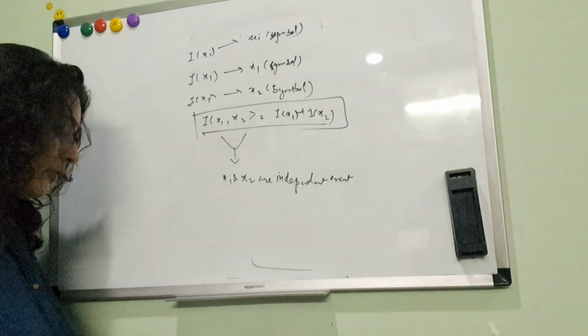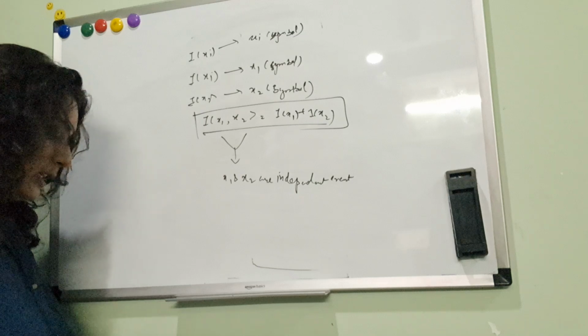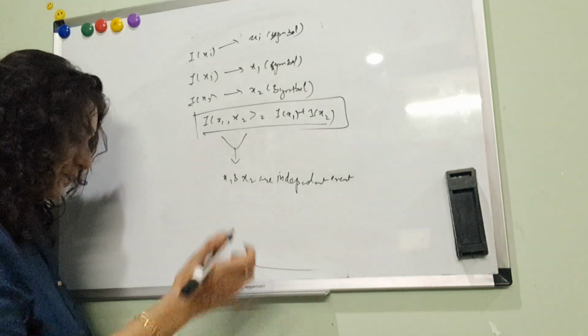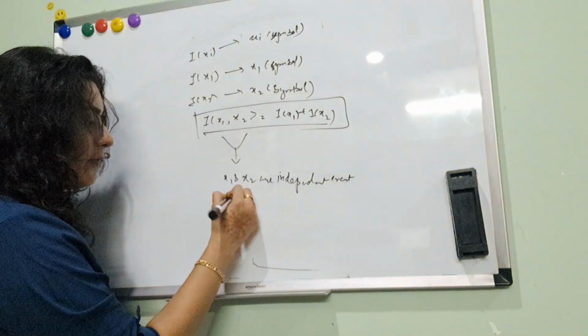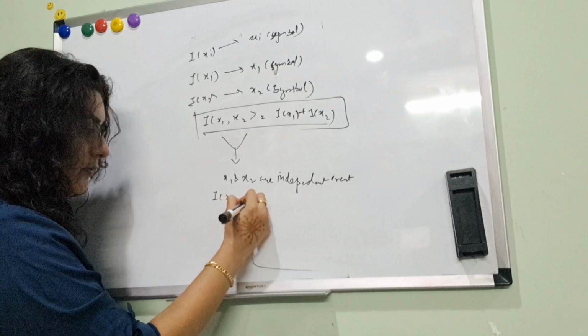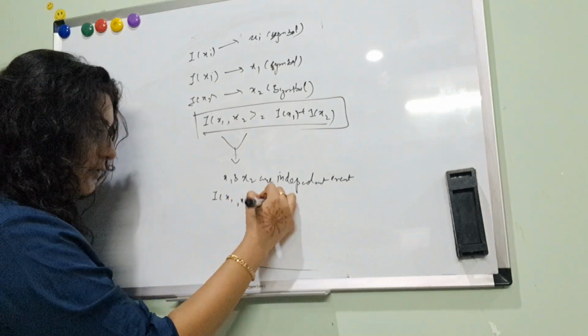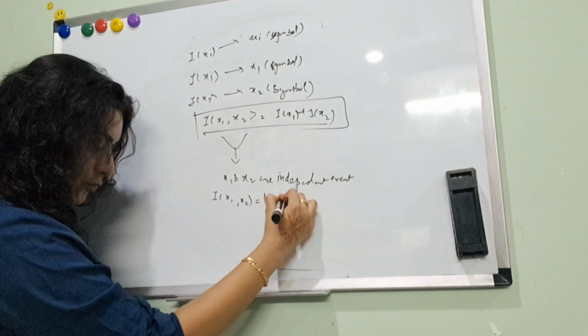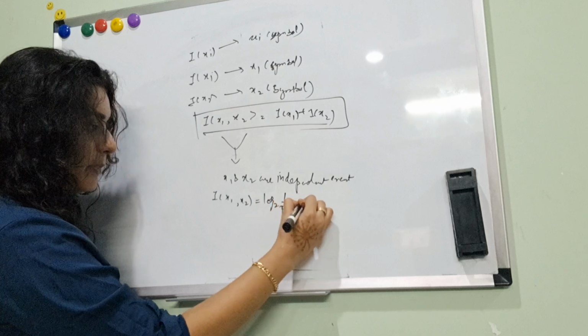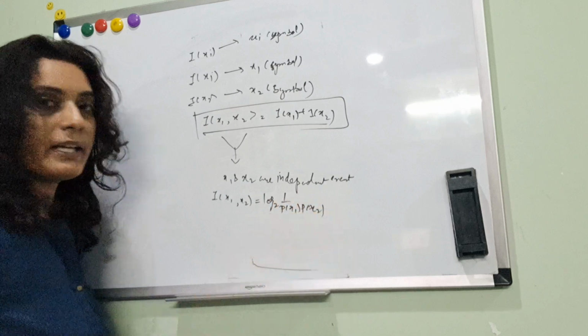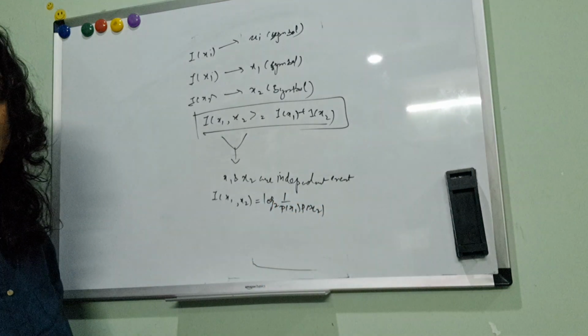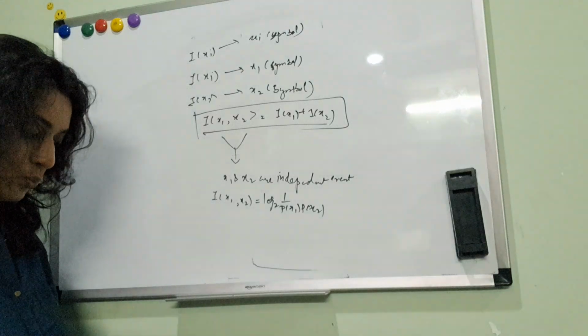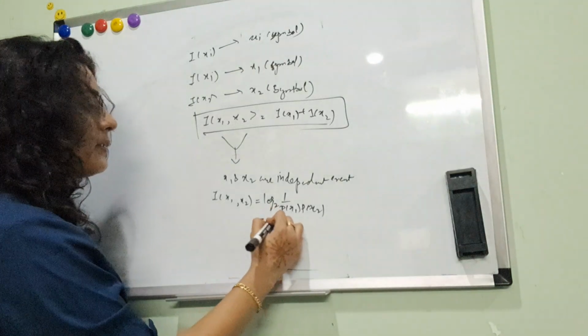Now moving forward, I can rewrite the information content of x1 and x2 like this: log 2 1 over px1 px2. I can rewrite it as px1 and px2.